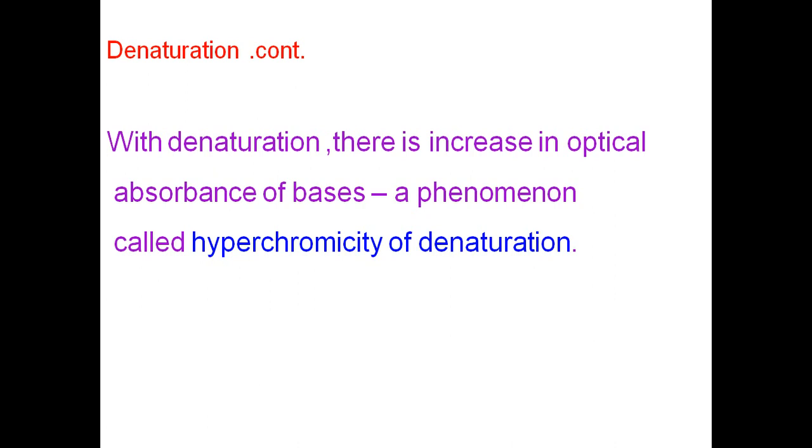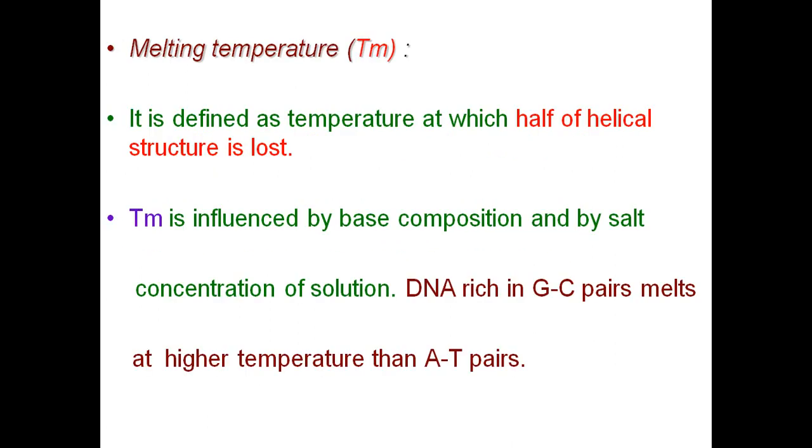By using a spectrophotometer, if you study the absorption ranges of this solution, you can come to know whether it is double stranded DNA or single stranded DNA. If it is single stranded DNA, the hyperchromicity is observed in case of denaturation. So by spectrophotometric studies we can know whether it is double strand DNA or single strand DNA.